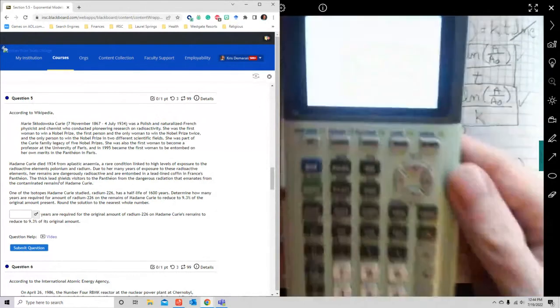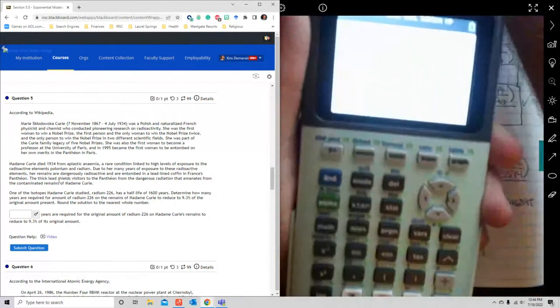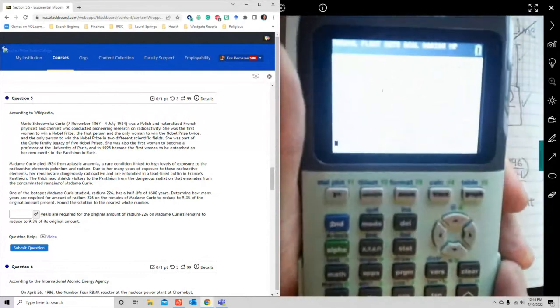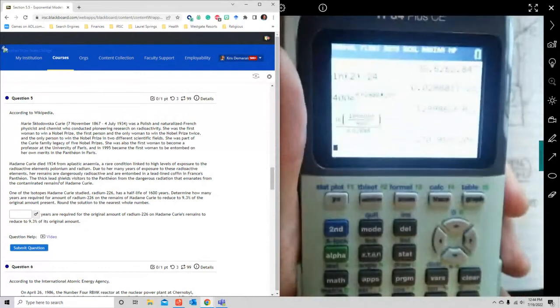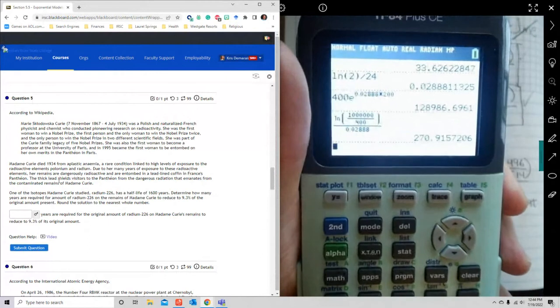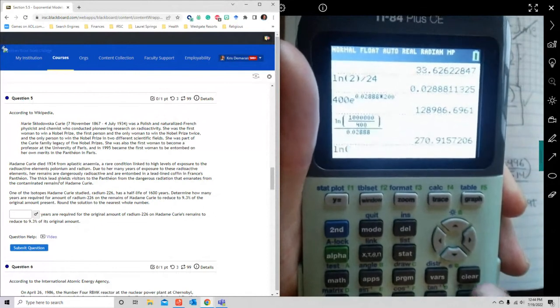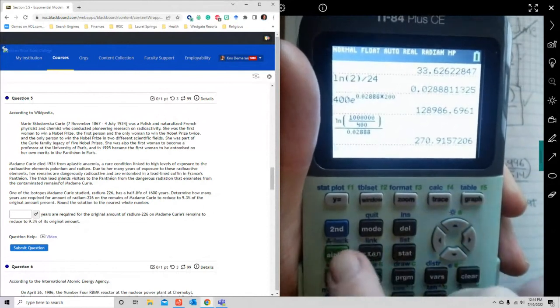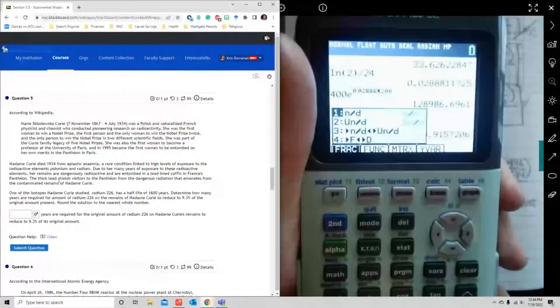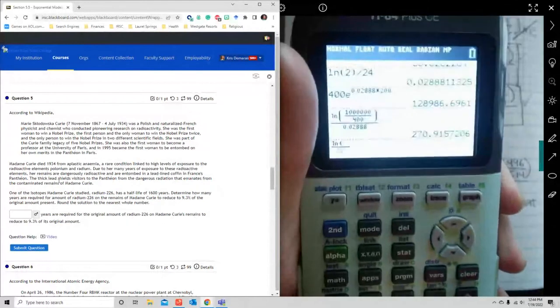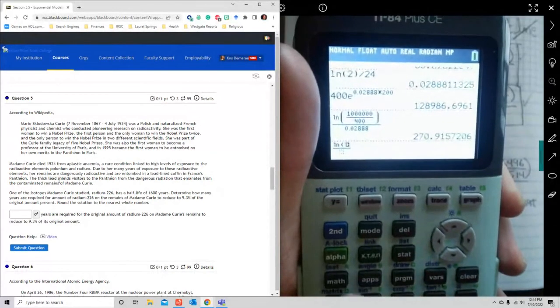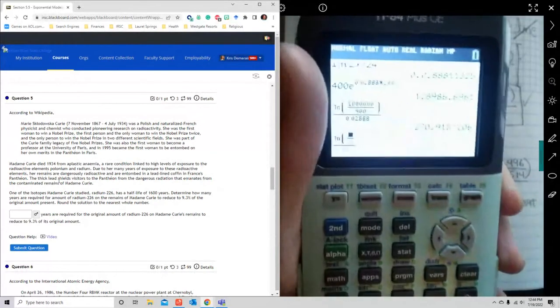I'm going to take my calculator. I love these word problems dealing with half-life and double life, because ln of 1/2 divided by 1,600 is a really easy way to find K. So ln, and I like to do the fraction, so I'll put it as a fraction. ln of 1/2.